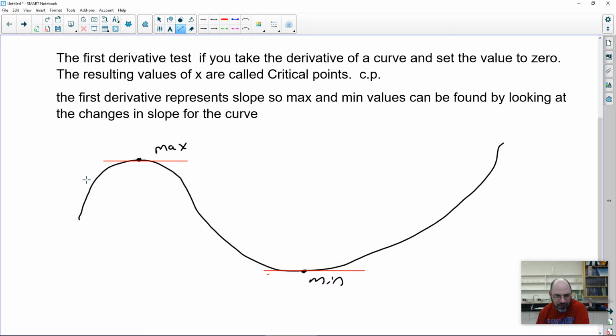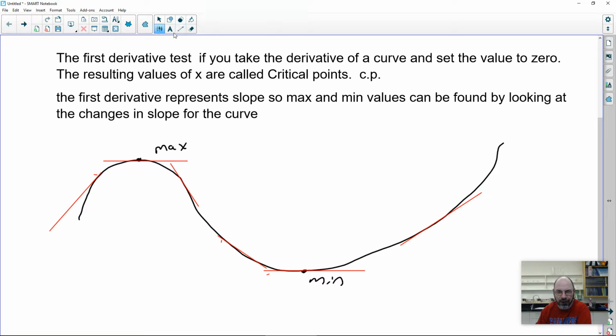But if we go before that, if we take a point over here and touch the curve, and one right here, and here, and then one right up here, you can kind of see what's happening.